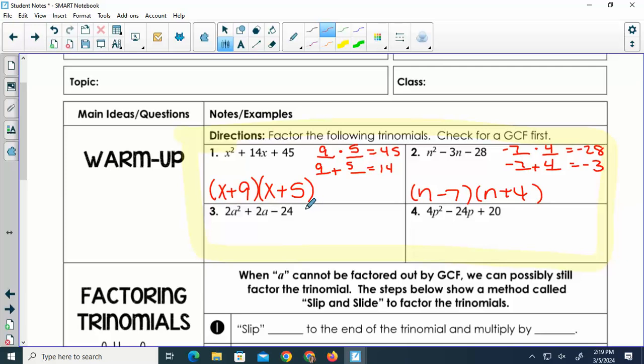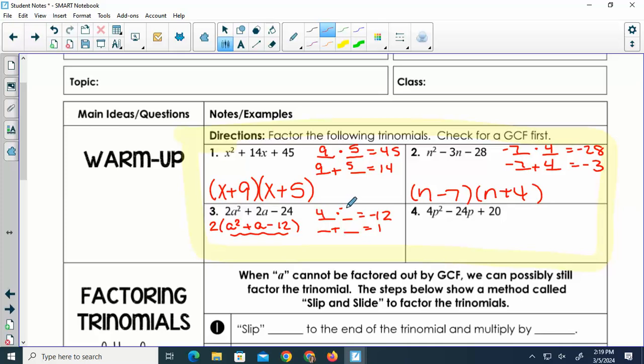All right, number 3. What can we take out of that? So if I factor out my 2, it doesn't go away, it just sits out in front. So it's a squared plus a minus 12. So now we have to factor this inside. So we need two numbers that multiply to a negative 12 and add to a positive 1.